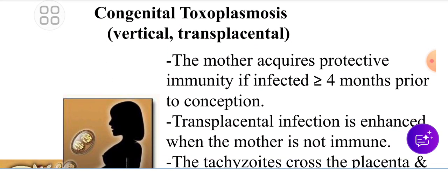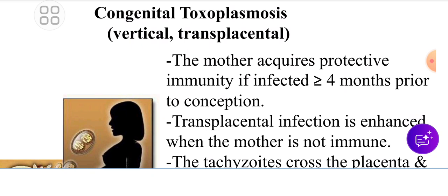Congenital toxoplasmosis is also known as vertical, because it comes from the mother to the baby, or transplacental, in that the parasites cross the placenta from the blood of the mother to the baby in the uterus.